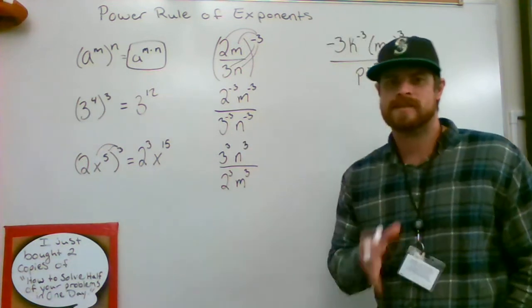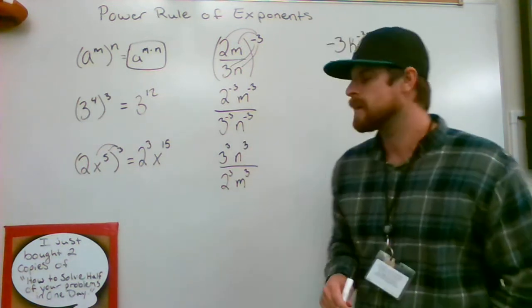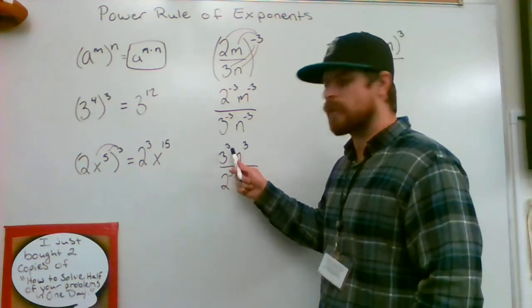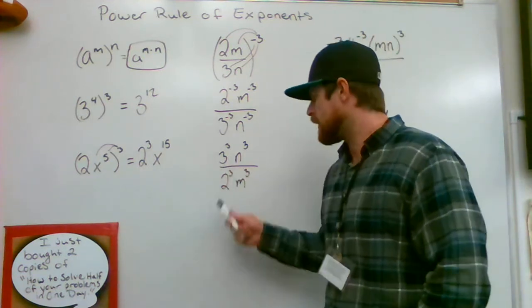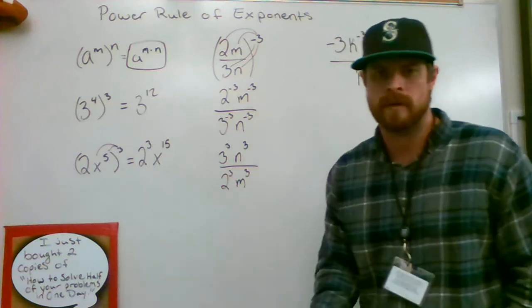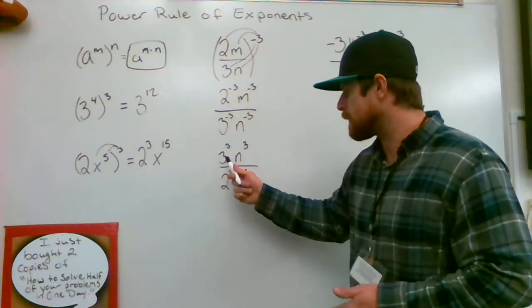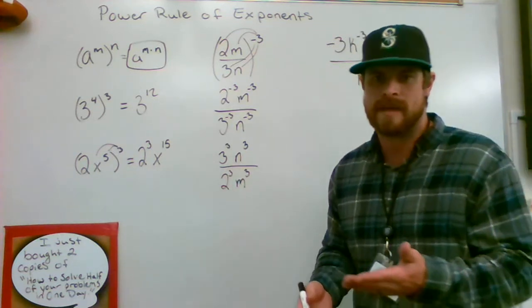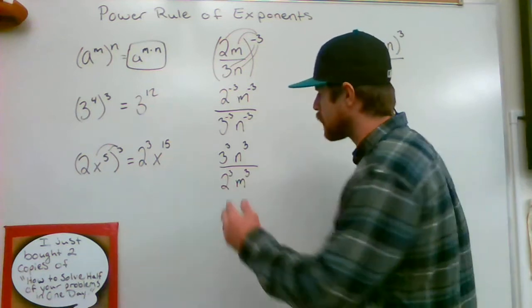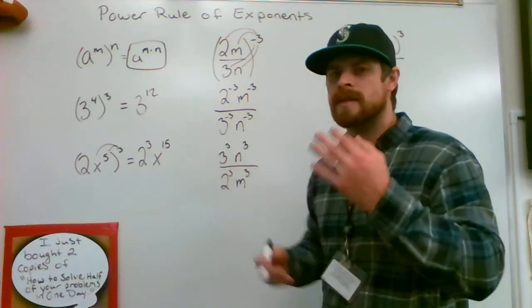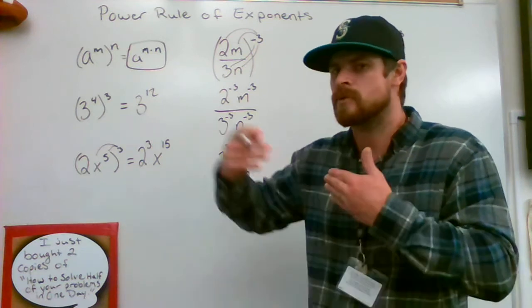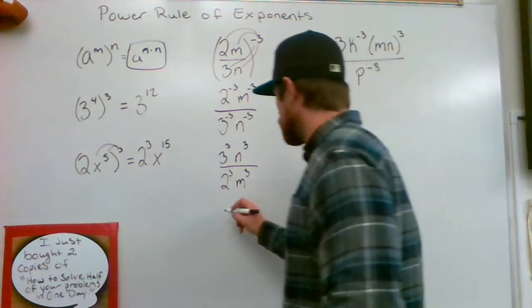The last and final step that I have to do on this problem is change 3 to the third power into a number and 2 to the third power into a number. Now you can pull your calculator out and type in 3 to the third, and it's going to give you 27. Or you can mentally think that through. 3 to the third power means 3 times 3 times 3. And we know 3 times 3 is 9. 9 times 3 is 27.